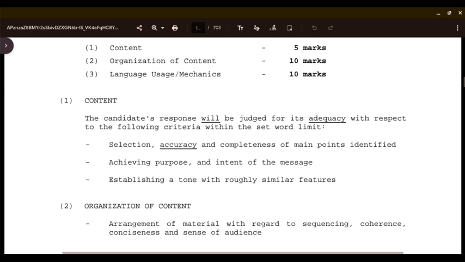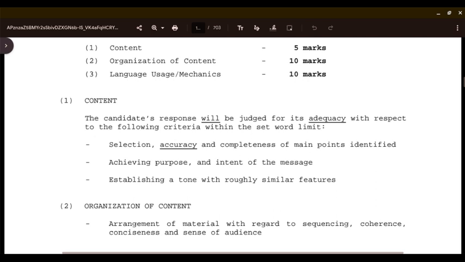For content, they're going to look at your ability to hone in on the key pieces of information. That's what they're looking at for content. Can you hone in on the key pieces of information?